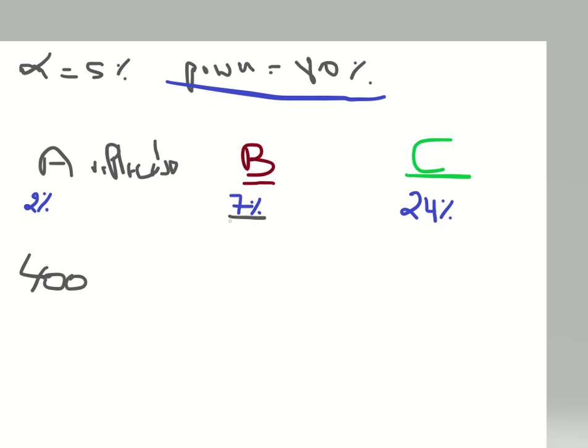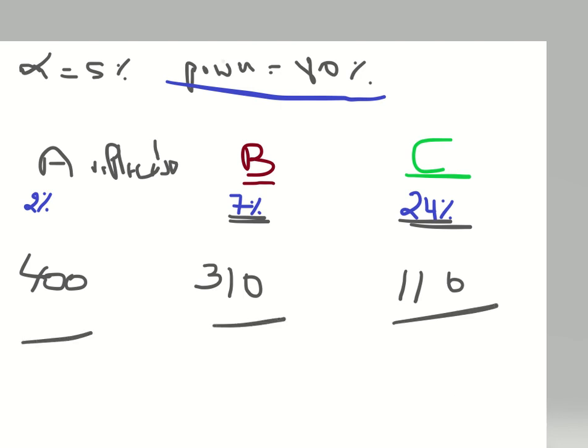In B, since B has a stronger effect, you will need less. Maybe you will need 310. And since C has an even stronger effect, you might just need 110, for example. All three studies will have a power of 80%. Different sample size because of different effect sizes.